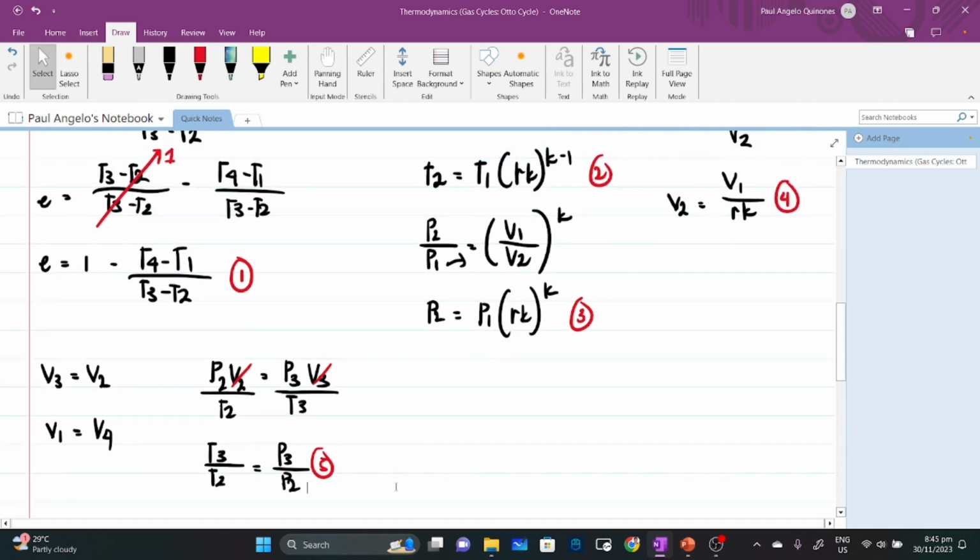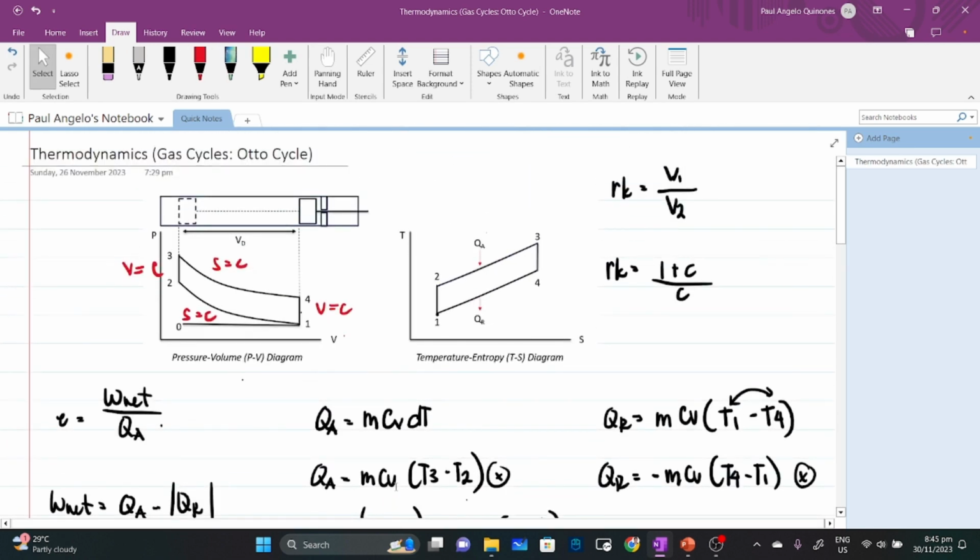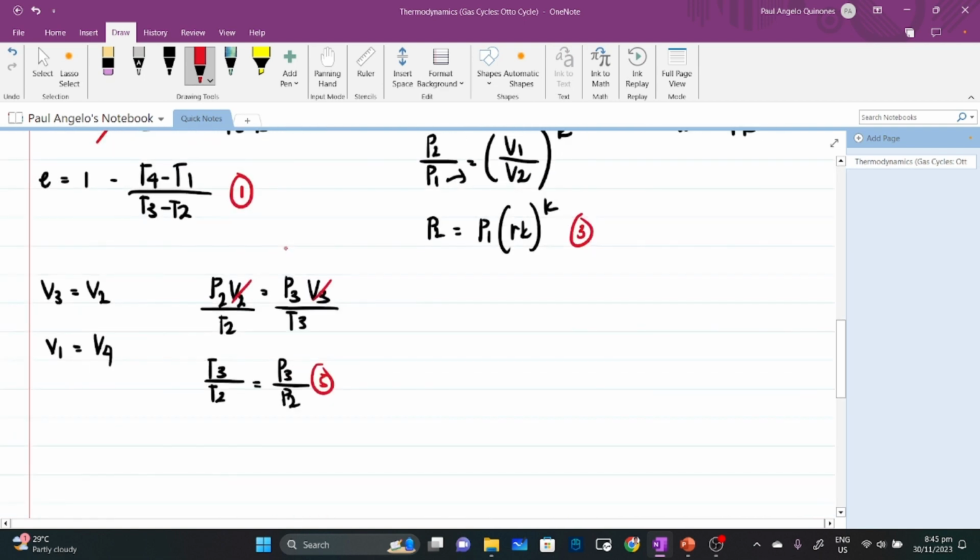So what about point number 4? This one, 3 to 4. I need to relate point 3 to point 4. Since it is an isentropic process, we will use the isentropic relation. We will have T4 over T3 is equal to V3 over V4 raised to K minus 1.